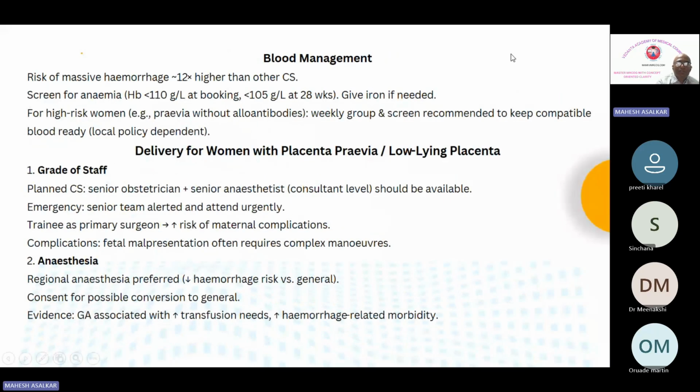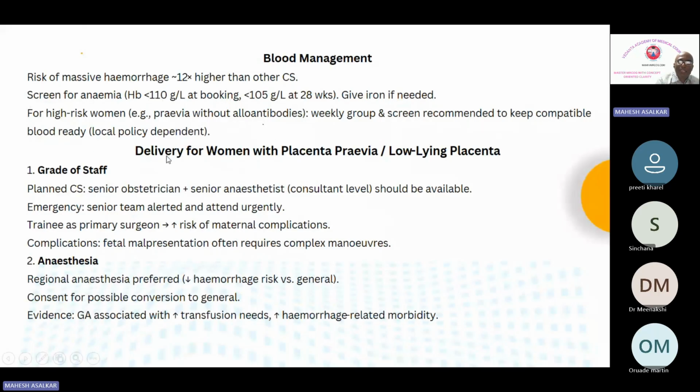Now, blood management. Risk of massive hemorrhage is 12 times higher as compared to other cesarean sections. Screen for anemia. If you have less than 11 gram hemoglobin at booking or less than 10.5 at 28 weeks of gestation, treat the anemia with iron. For high risk women, previa without antibodies, weekly group and screen is recommended to keep compatible blood ready.